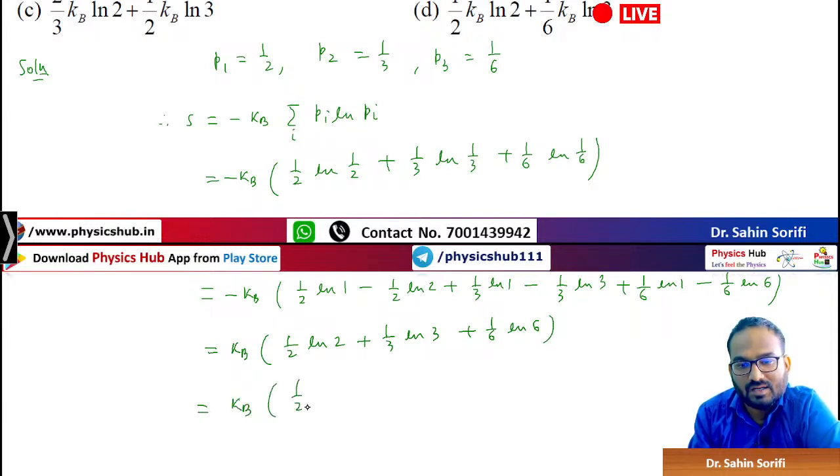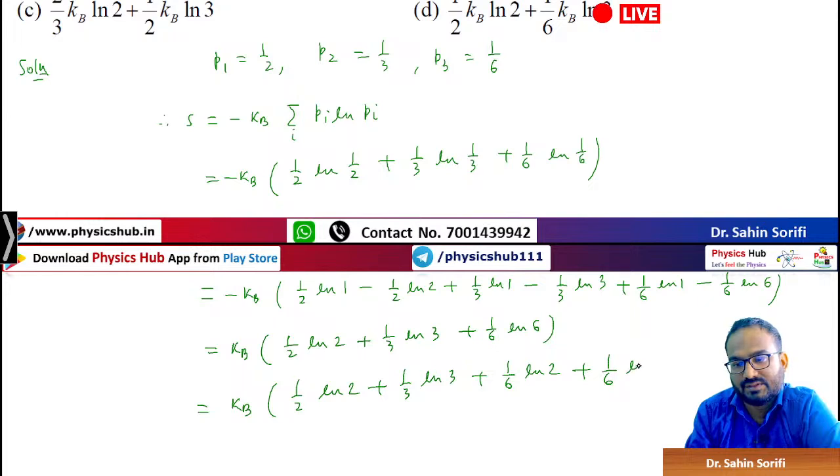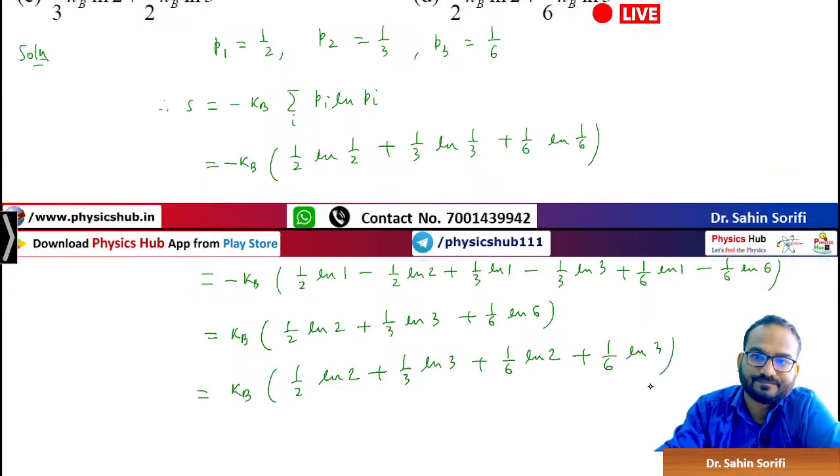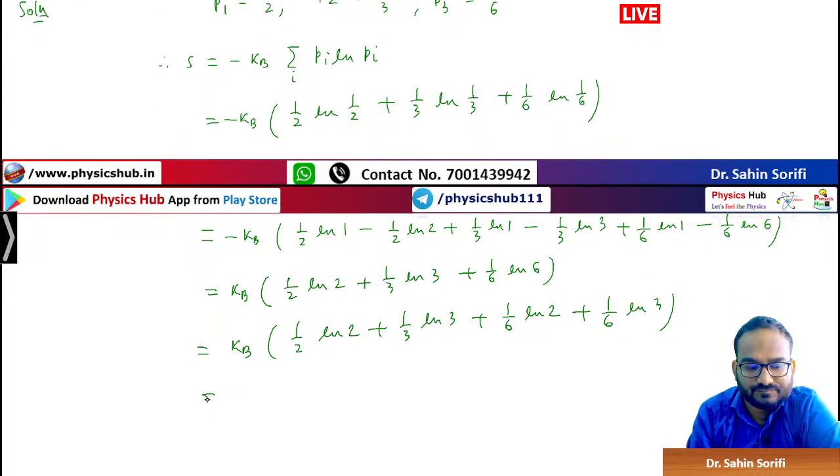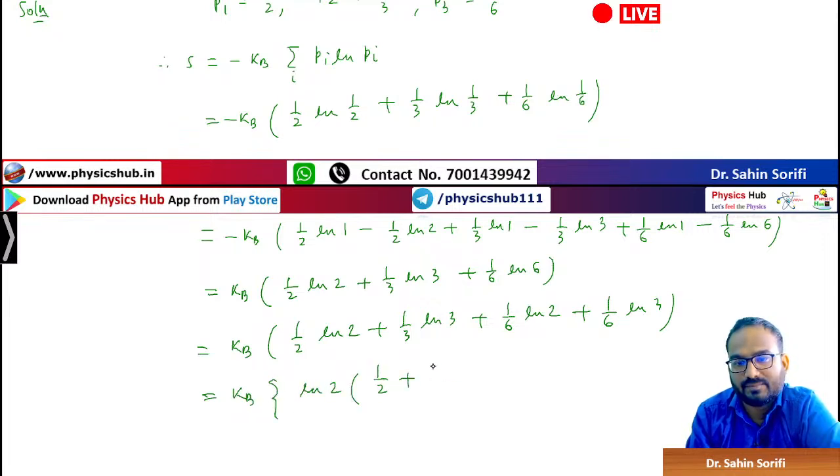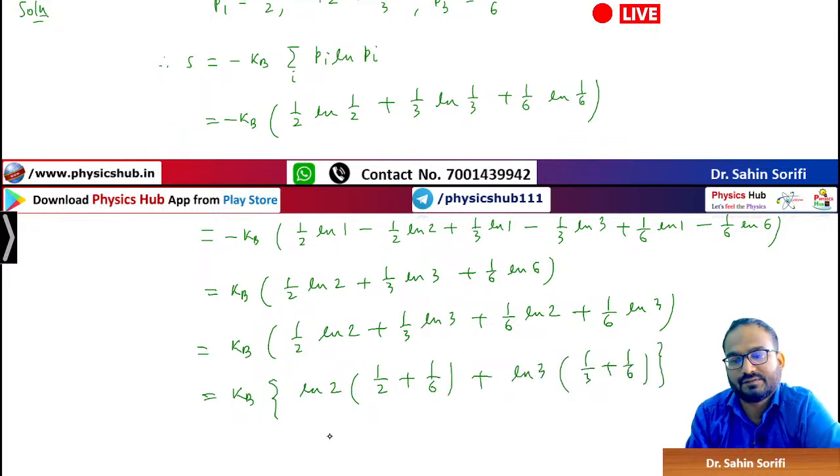We can write ln 6 as ln 2 into 3. So 1 by 6 times ln 2 plus 1 by 6 times ln 3. If I take ln 2 common, you are getting half plus 1 by 6, and if I take ln 3 common, 1/3 plus 1 by 6.